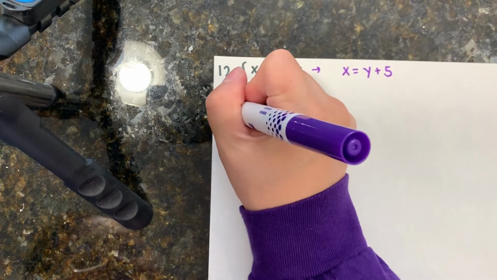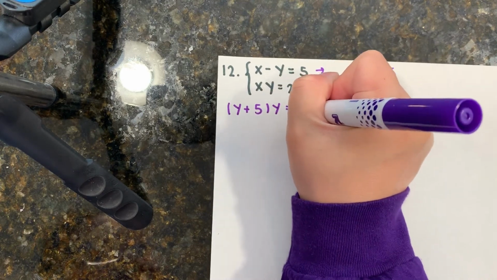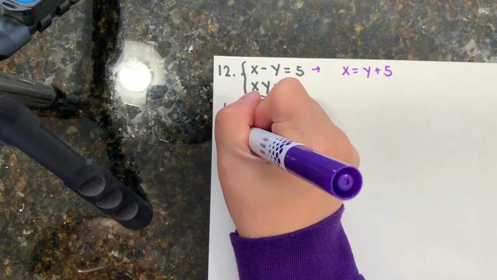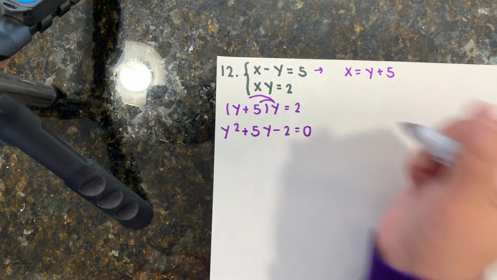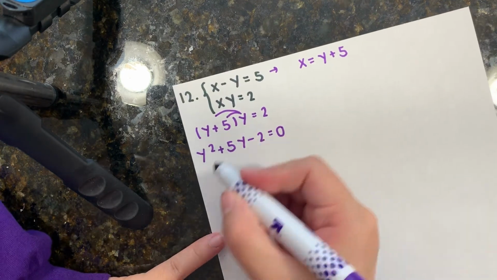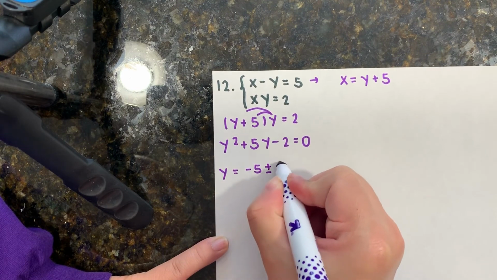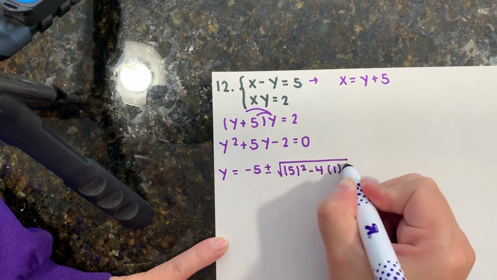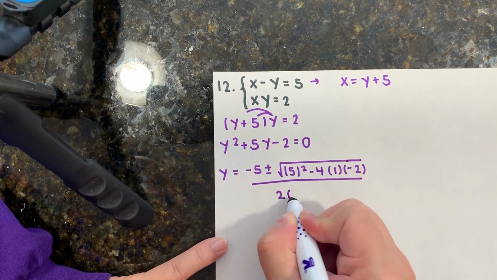Now I'm going to take that and plug it in here. So that would be y plus 5 times y equals 2. I'm going to distribute the y and bring the 2 over. So that would be y squared plus 5y minus 2 equals 0. Now to solve for y, I'm going to do quadratic formula. So y is equal to -5 plus or minus the square root of 5 squared minus 4 times 1 times -2, all over 2 times 1.